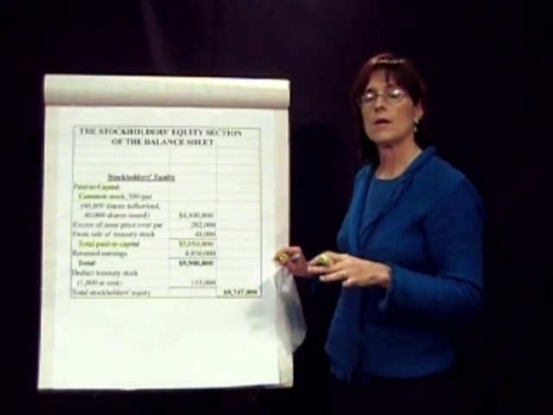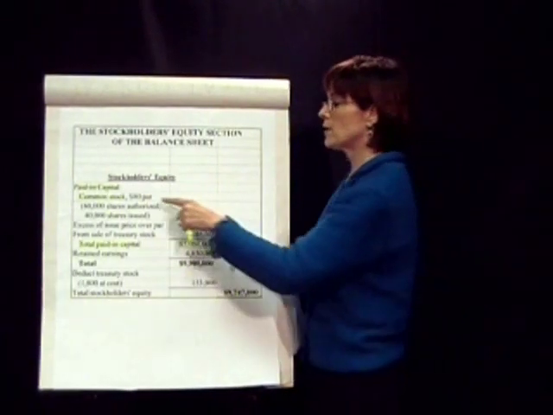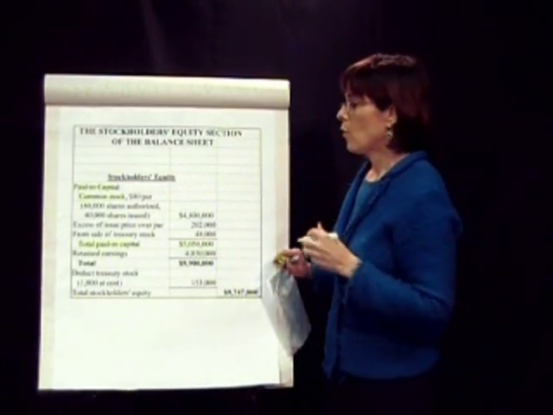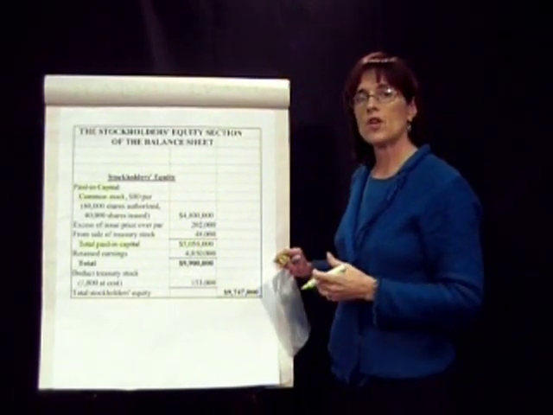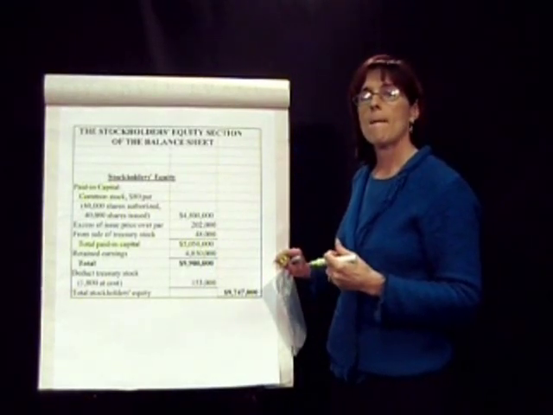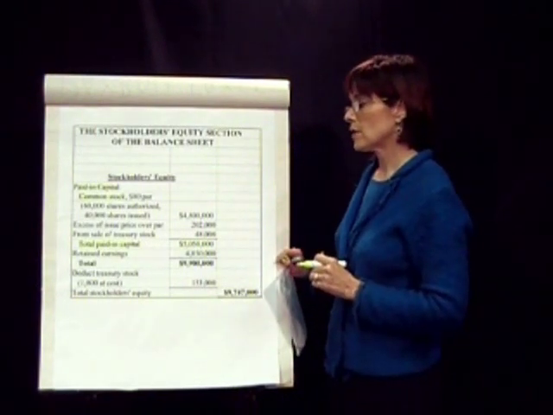However, they get their dividend first, and they get that set amount. Whereas the common stockholders would get paid second. Preferred stockholders do not have voting rights, so they have some things in common with bondholders or creditors, but they are considered owners.